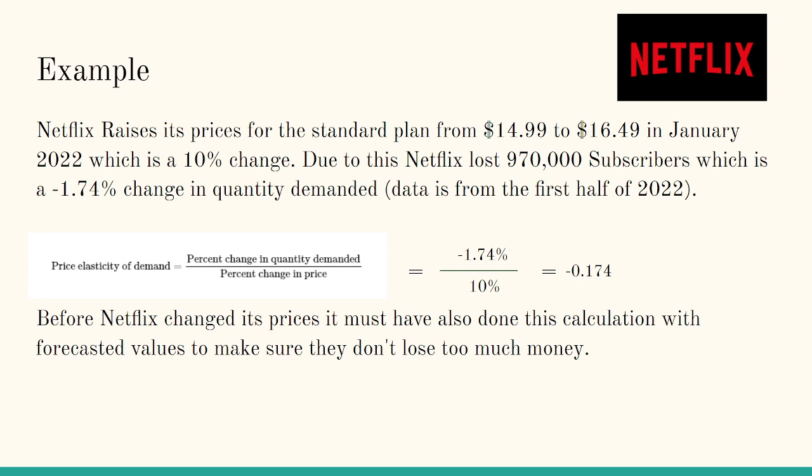And due to this, Netflix basically used this first price hike as a benchmark, and we can expect another price increase in the future, because this price increase shows that their demand is not very elastic, as the absolute value of negative 1.74% is less than 10%, meaning that the demand is not very elastic, and they can go ahead and increase the price multiple times and still keep a lot of its customers.